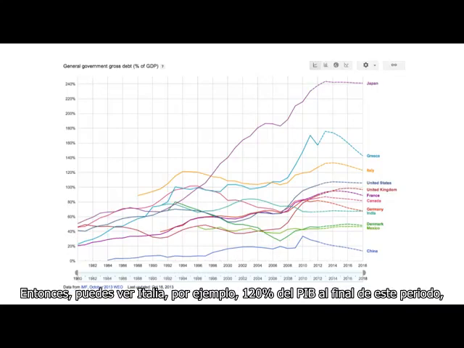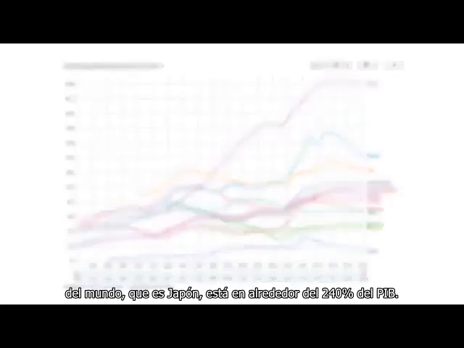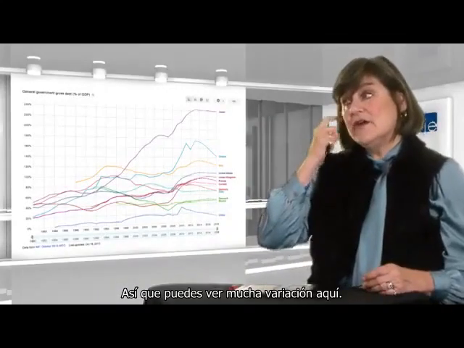Okay, so we can see Italy, for example, 120% of GDP. At the end of this period, we can see Greece, which actually rises almost to 180% of GDP before starting to fall. And we can see the country with the largest public debt in the world, which is Japan, at about 240% of GDP. So you can see there's a lot of variation here.